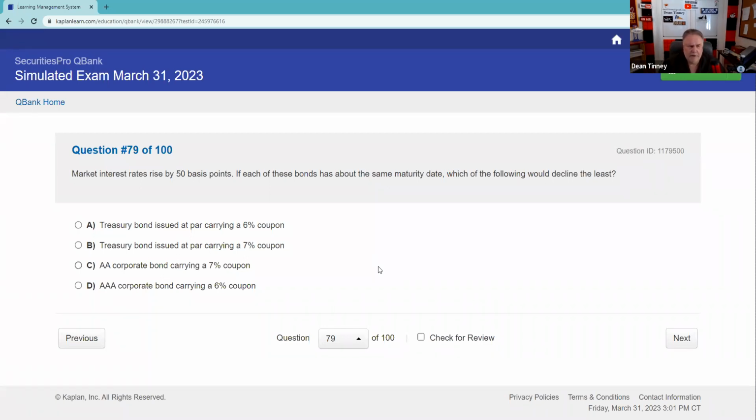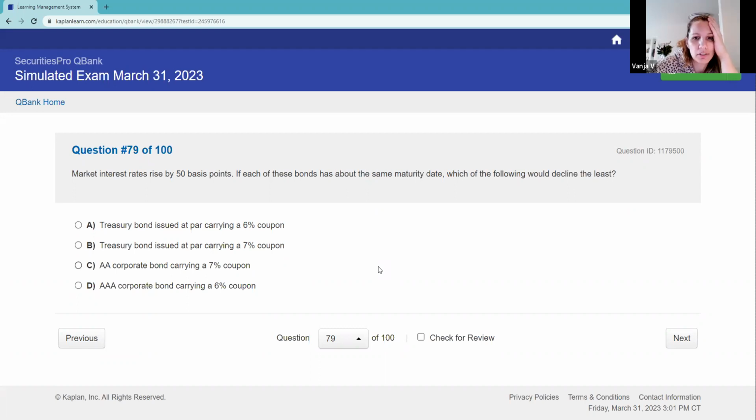Market interest rates rise by 50 basis points. If each of these bonds has about the same maturity date, which of the following would decline least? So long and low, I'm just talking out loud, right? Yeah, long and low, but remember this says least, so it's the opposite. Least, right.